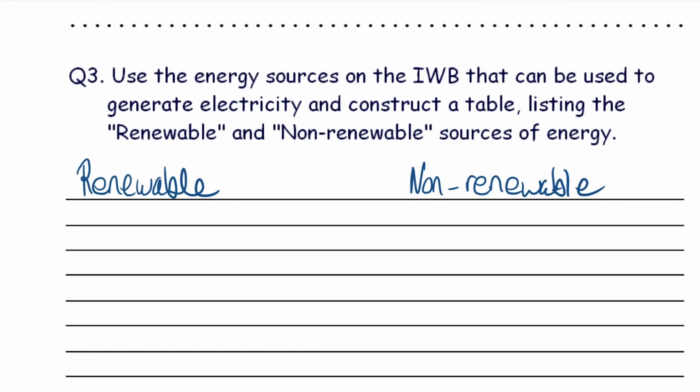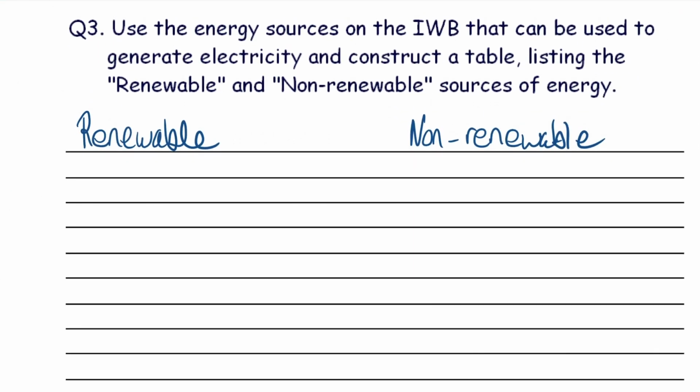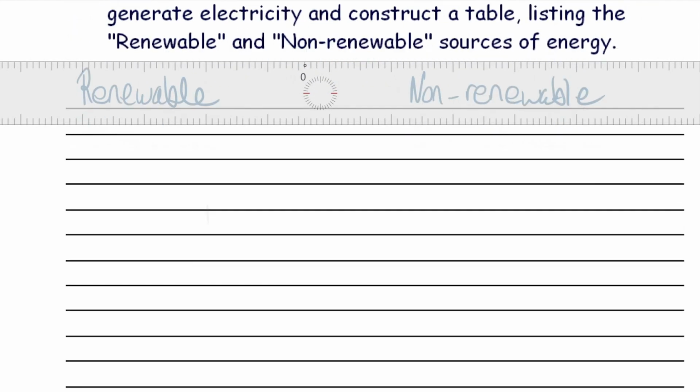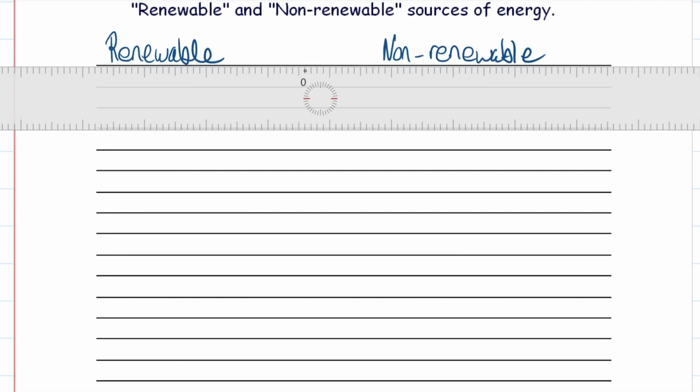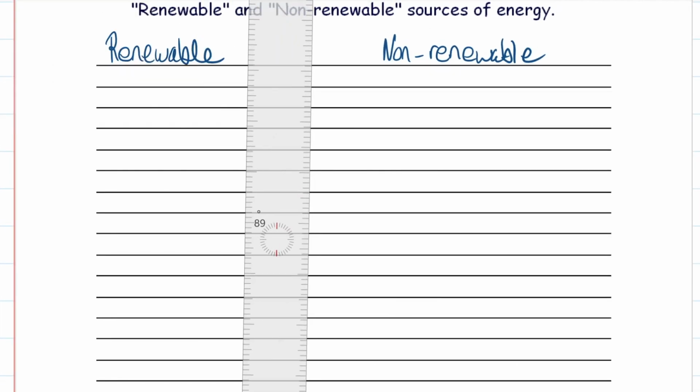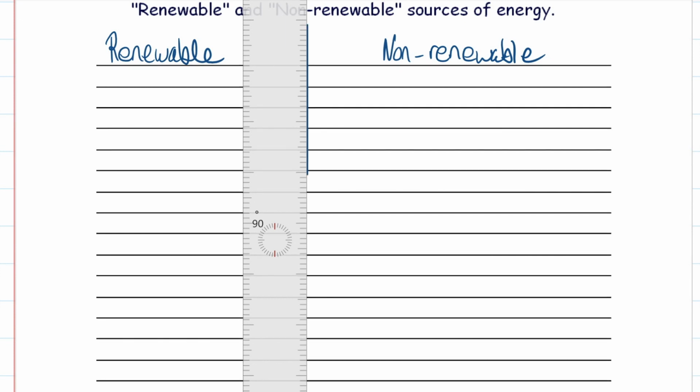Question 3 is related to that because it's asking you to complete a very simple table, 2 columns, renewable and non-renewable. You've got to just list down the renewable sources of energy in the left-hand column, and of course the non-renewable things you can't renew in the right-hand column.